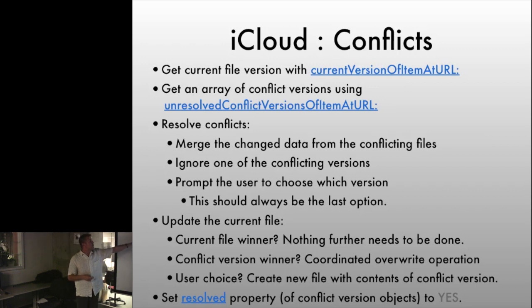The next thing you do is call unresolvedConflictVersionsOfItemAtURL, and it gives you back an array of conflicts. Take a look in the documentation to see what the structure of those data types is. But it's pretty cool. It comes back with an NSArray of all of the conflicts that your document has with the document that's up on the iCloud file store.